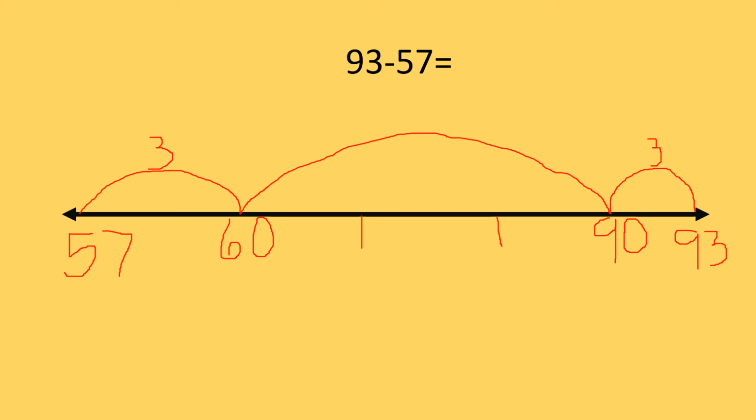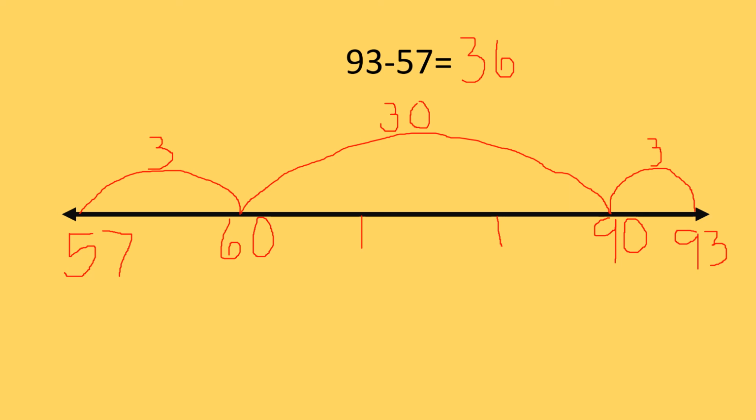So there are 3 10s between 60 and 90, so that's 30. 3 plus 30 is 33, plus 3 is 36. So 93 minus 57 equals 36.